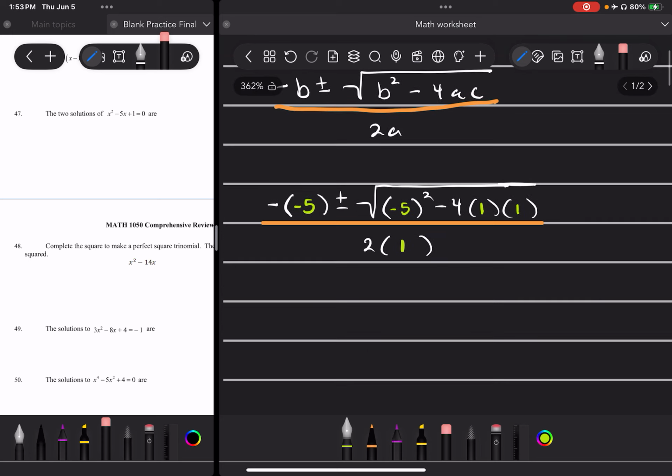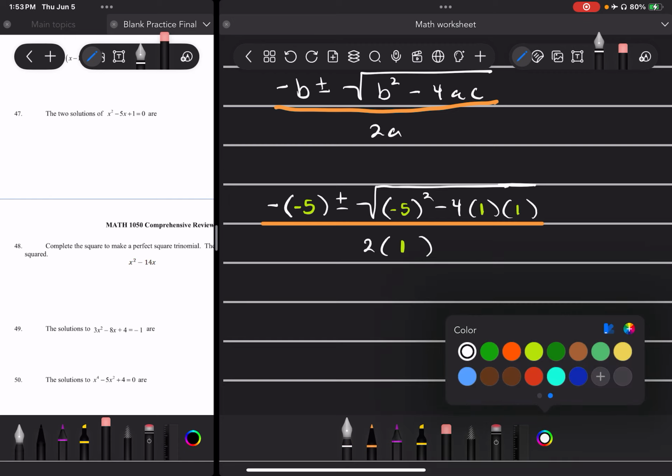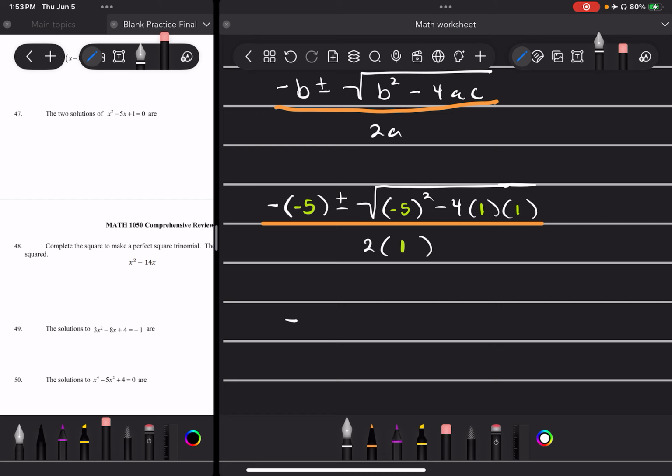Now we're going to do our next portion, which is calculating what's actually going on here. We have our negative 5, which is going to give us a positive 5. We have our plus minus symbol that doesn't change, and we have a square root.